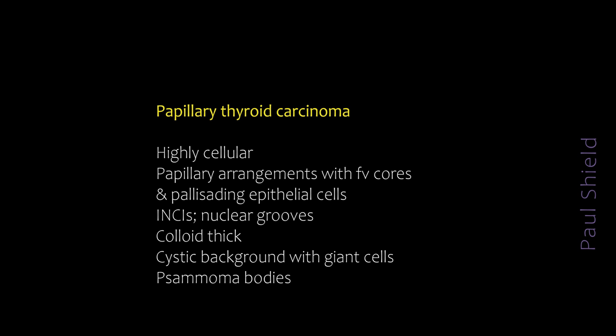They will be seen in about half of cases. In other cases, you'll just see highly cellular specimens that have very cellular sheets. And typically, you will see nuclear changes, and these are the key things really. Intranuclear cytoplasmic inclusions, nuclear grooves that run along the longitudinal part of the nucleus.